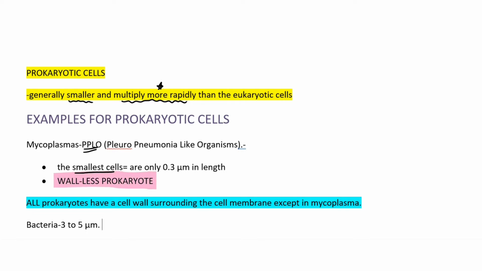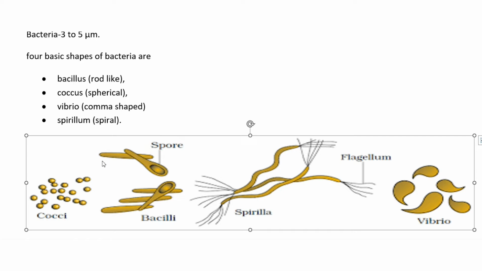And an important feature is that it does not have a cell wall. So Mycoplasma is the only wall-less prokaryote. Very important. So all prokaryotes have a cell wall surrounding the cell membrane except Mycoplasma. So this is an important fact that you should remember. Next, let's talk about bacteria.